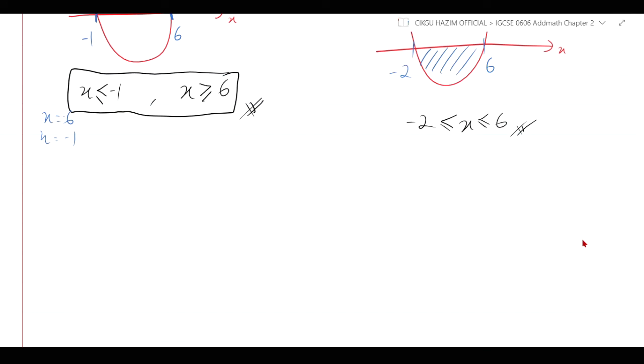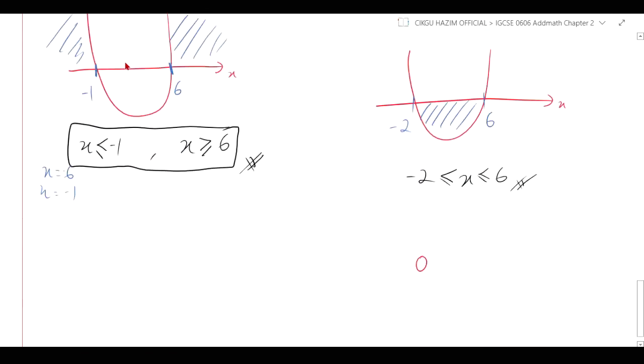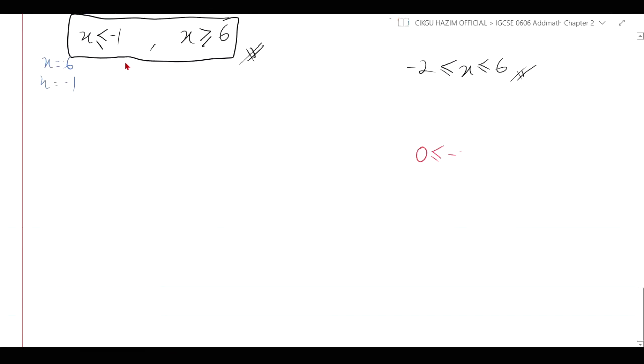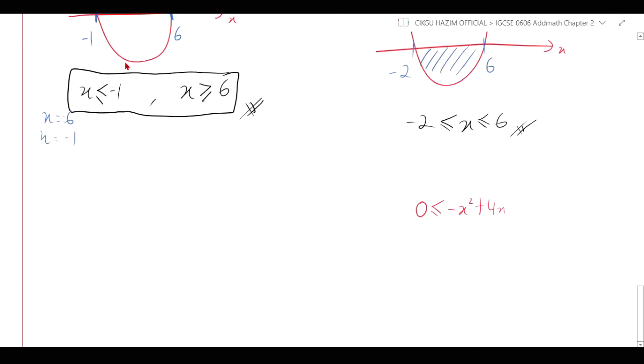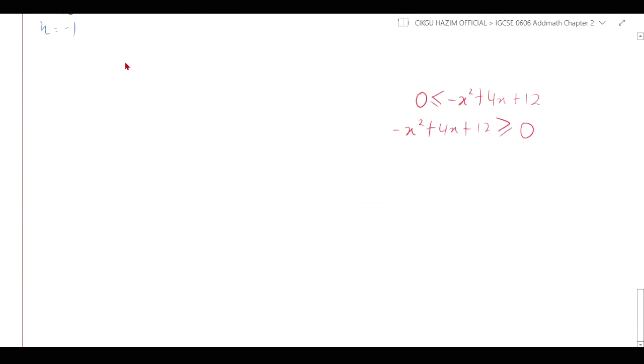So if you move the x squared to the right side, it will be 0 less than or equal to negative x squared plus 4x plus 12, because this is positive. So it means that this quadratic is more than 0 because 0 is less than this. So I'm going to rearrange it: negative x squared plus 4x plus 12 is more than or equal to 0. So here we have a frowning graph.